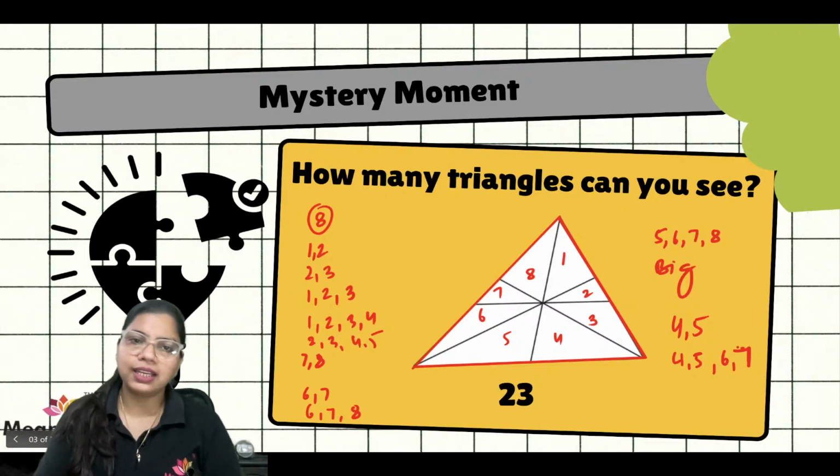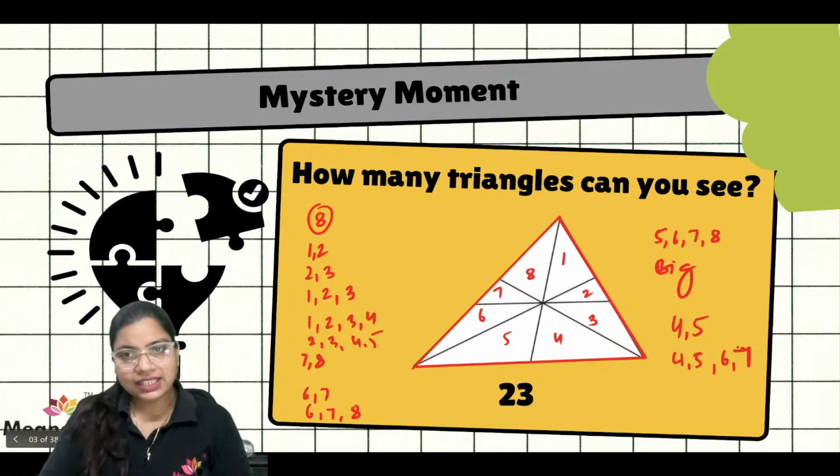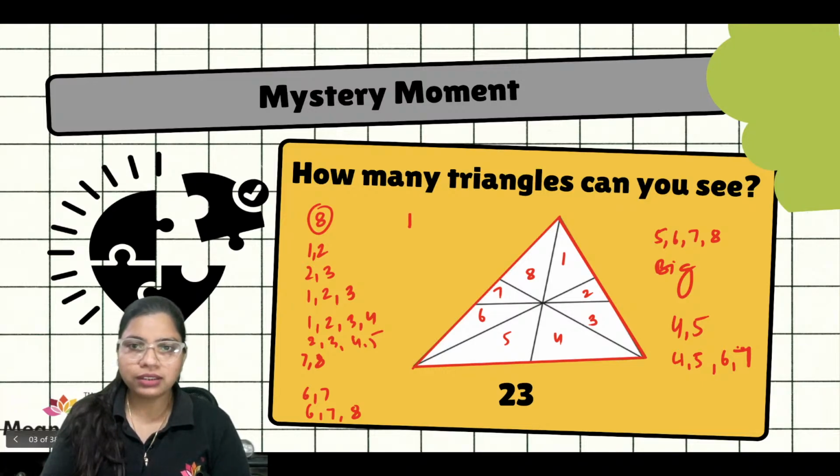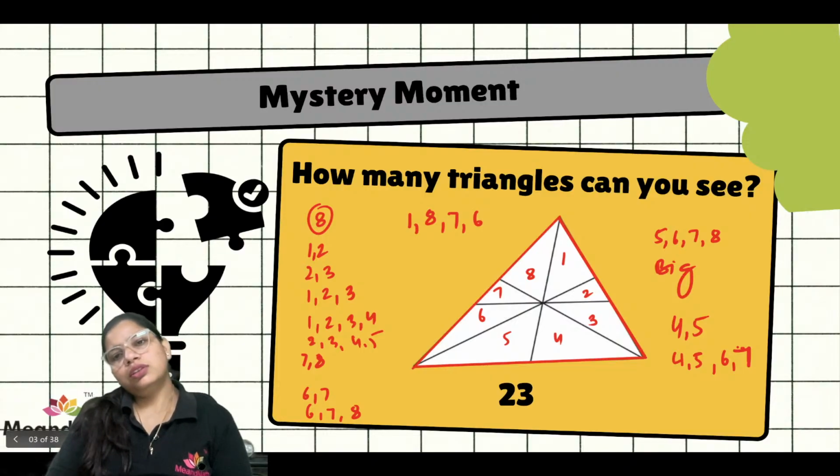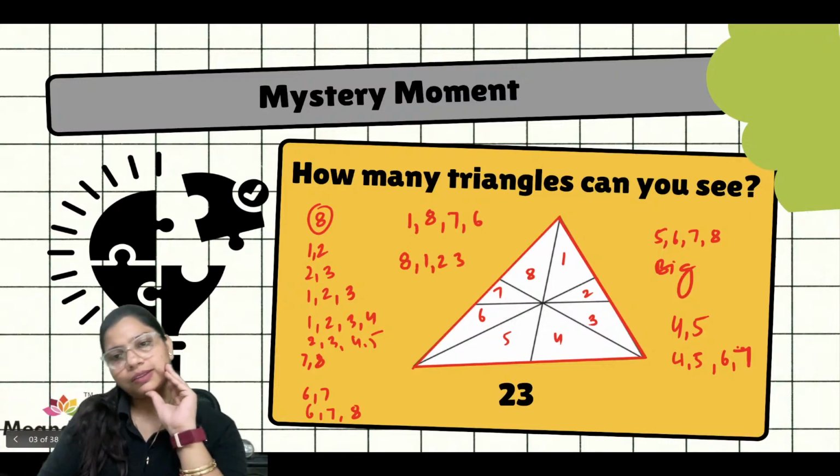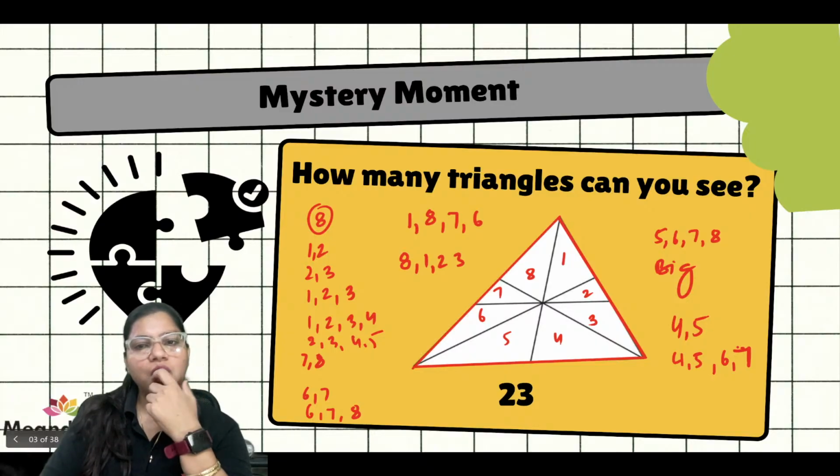Let's see how many we got. 8, 9, 10, 11, 12, 13, 14, 15, 16, 17, 18, 19, 20. 3 more. Let's see what else is there. Here, 1, 8, 7, 6. That we didn't write anywhere, no? 1, 8, 7, 6. 2, 3, 4, 5 we wrote somewhere there. 8, 1, 2, 3 we didn't write anywhere. Opposite to that is 4, 5, 6, 7.